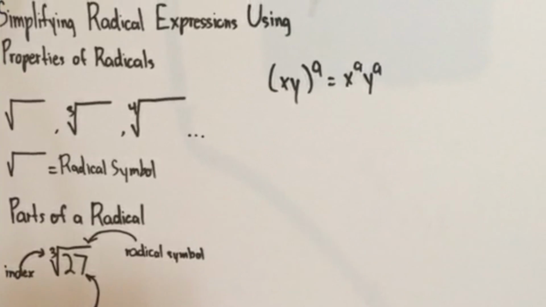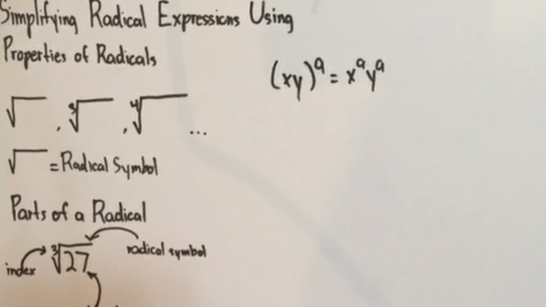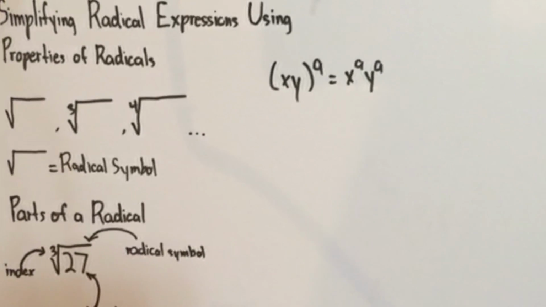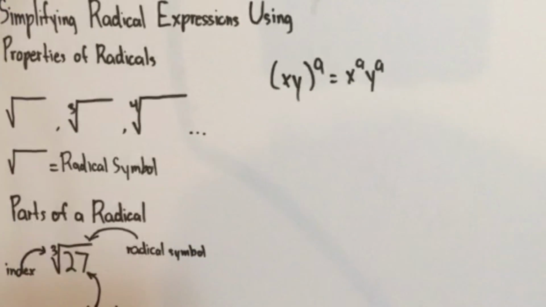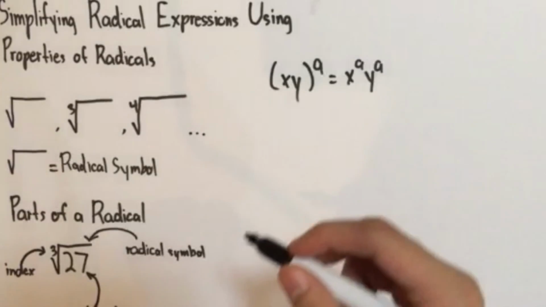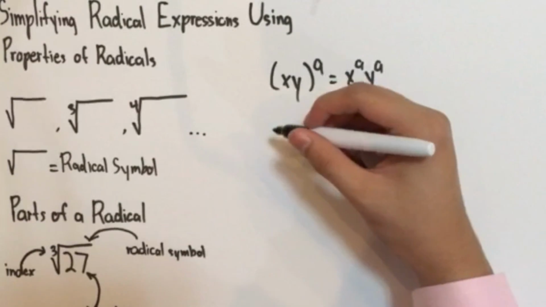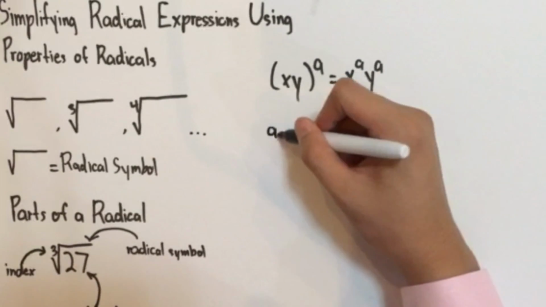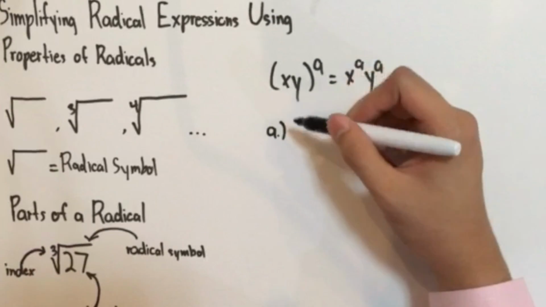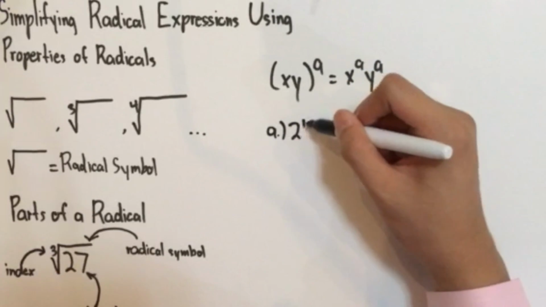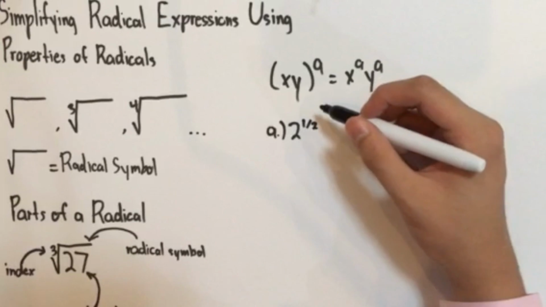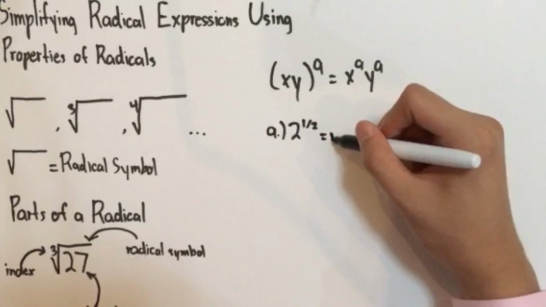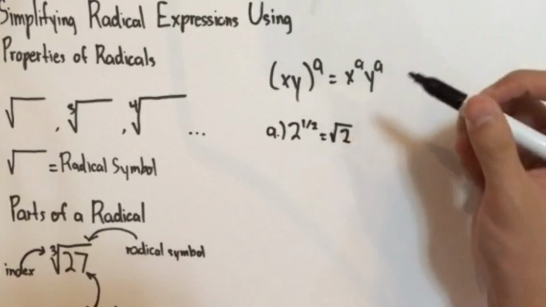And now, combine it together with the radical expression property. You'll get the product property of radicals and the quotient property of radicals. For example, two raised to 1/2 is equal to square root of 2.